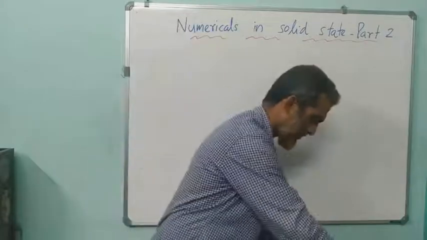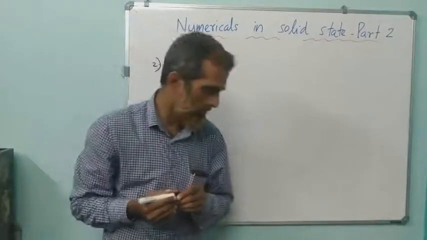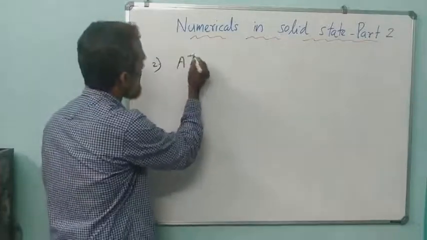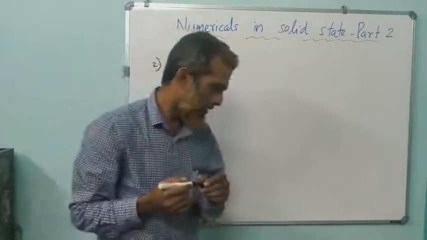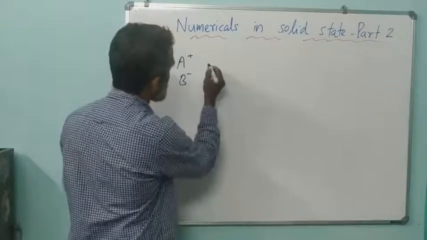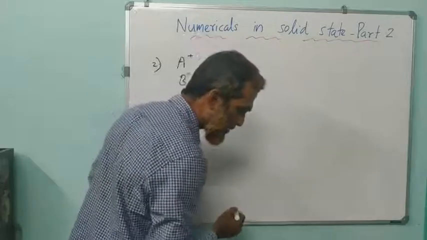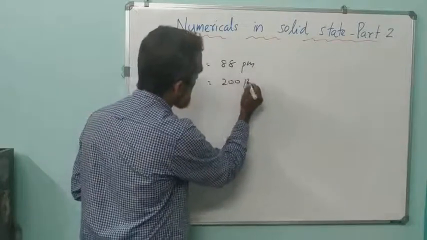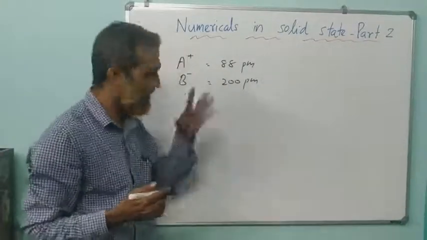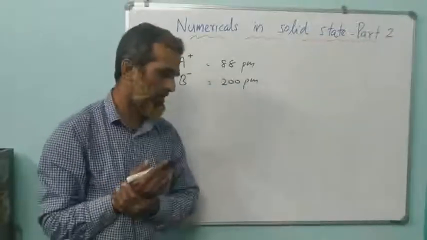Question number 2. You can take down the question. Two ions A plus and B minus have radii, the ionic radius is given 88 picometer, and B minus is 200 picometer respectively.